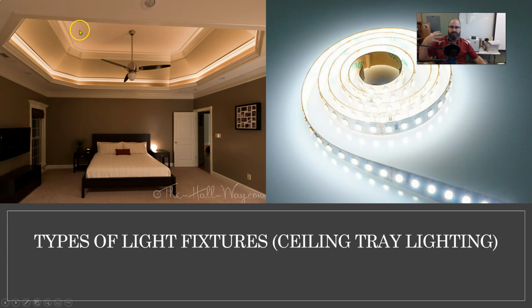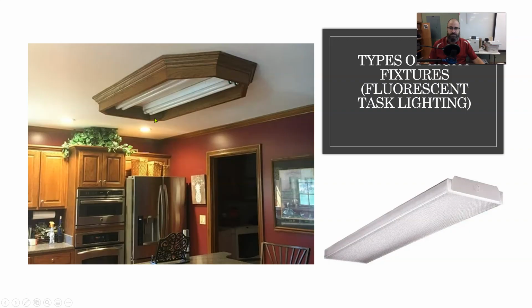Okay, so the tray itself of the ceiling is built kind of recessed into the ceiling, and then there's this trim that goes all the way around, and that is molding. Okay, that is like a very decorative type of molding, and then the strip would be placed somewhere in there to where you couldn't actually see the strip, but you could see the light that it projects. Really cool the way they do that.